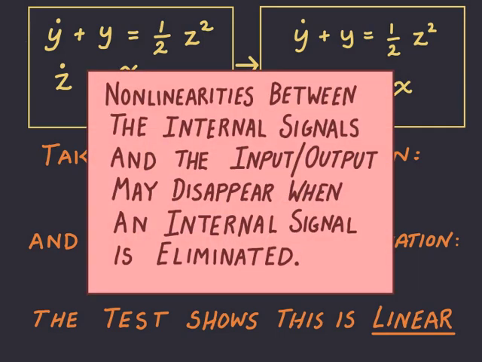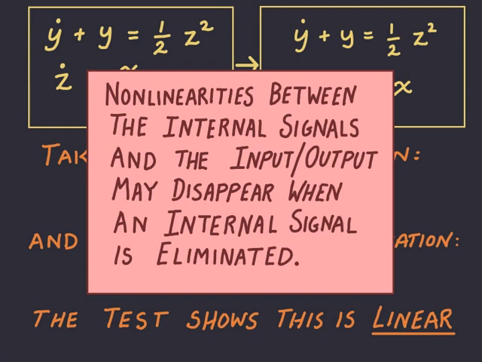Let me be clear. The input-output relationship between x and y is linear. It obeys superposition. The reason why it appeared nonlinear was because of the way it was written in terms of its internal variable, z. Nonlinearities that occur between the internal signals and the input and output may disappear when the internal signal is eliminated from the equations.